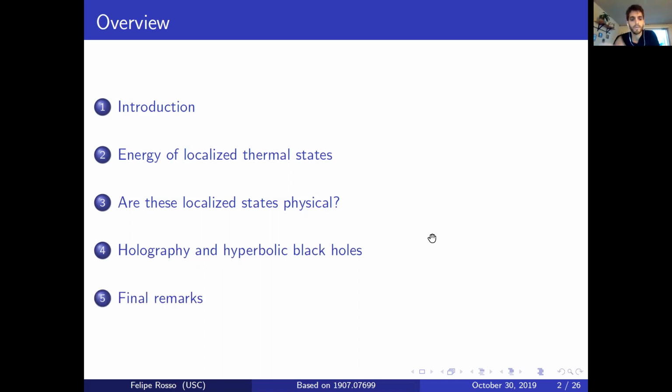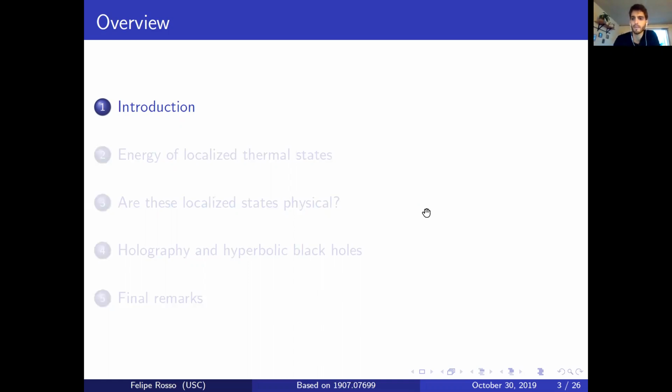And I will finish with some final remarks. When studying this subject, there were other interesting things I stumbled across along the way that are in this paper that I won't have time to talk about, but I will briefly mention them in this final section. Okay, so if there are no questions, let me start with a general introduction and motivation.